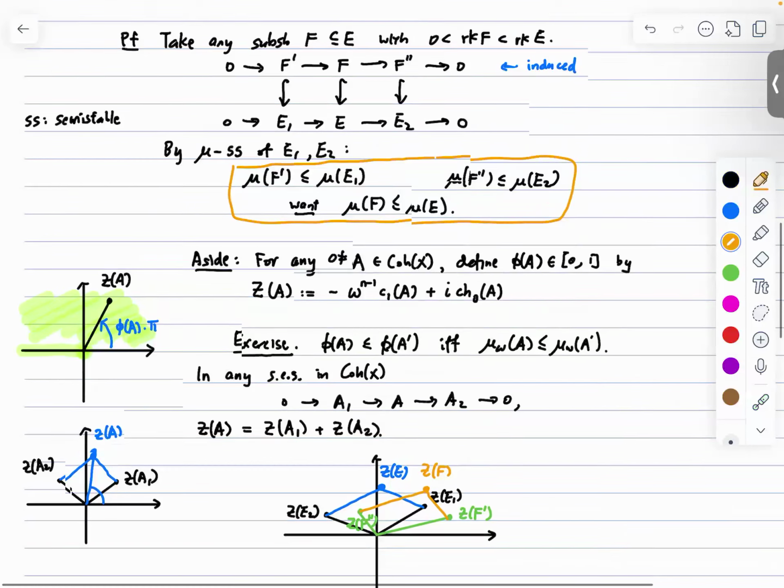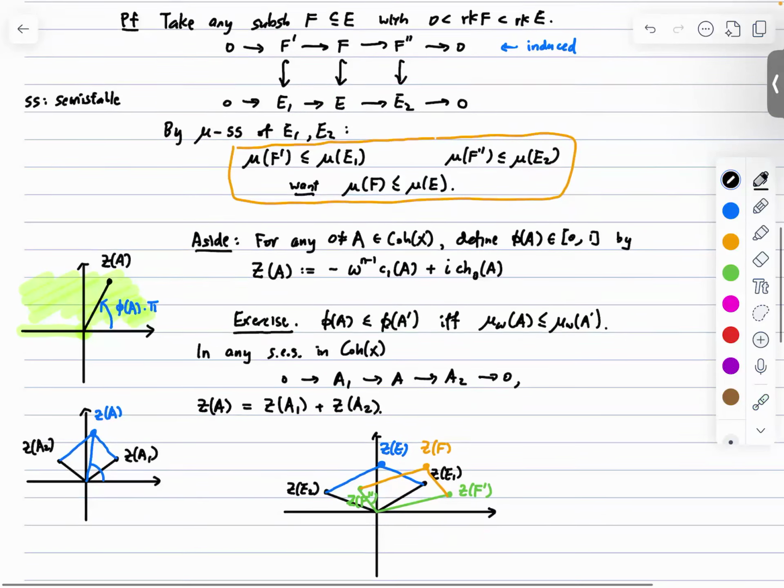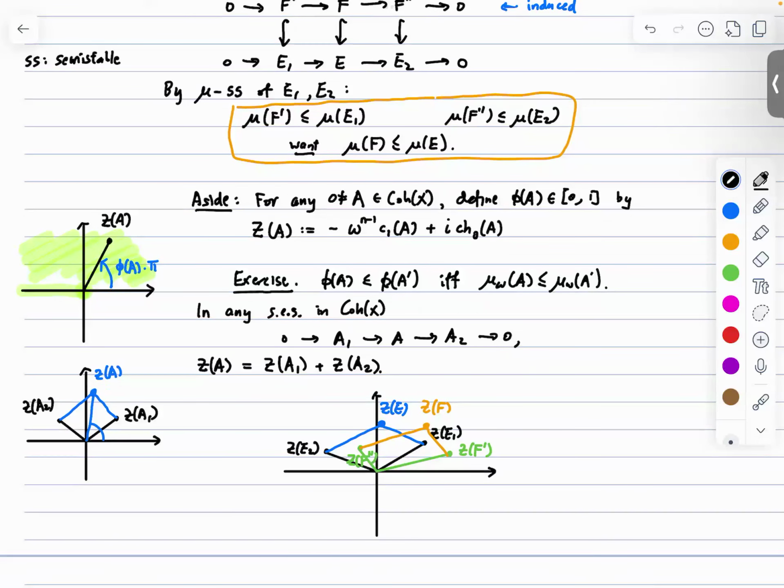So anytime you have two slope semi-stable sheaves of the same slope, any extension is also slope semi-stable. And this is a way to build new semi-stable sheaves out of existing ones. So these are some ideas surrounding slope stability.